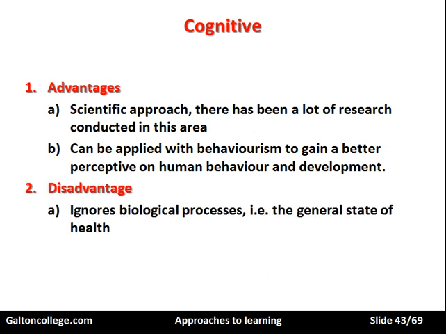The disadvantage, well, the cognitive approach tends to ignore the biological processes. It's focused on the brain, it's focused on what's happening to us and how we think and how we respond to certain situations, but it by and large does not incorporate our health, our general situation, the ones we find ourselves in.